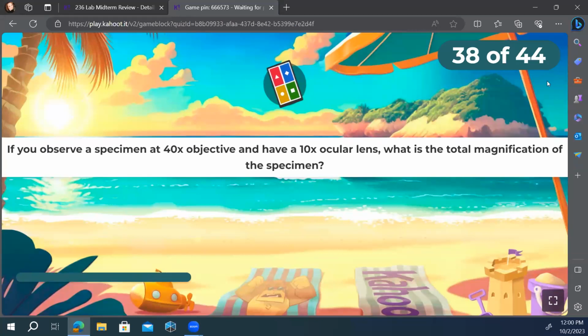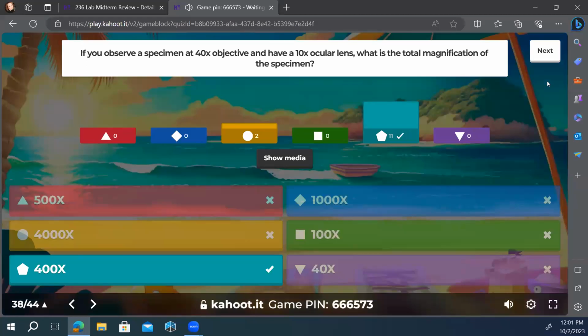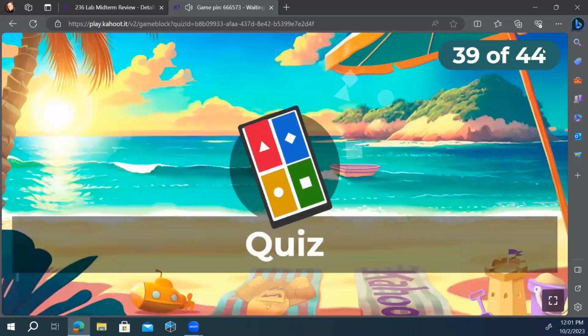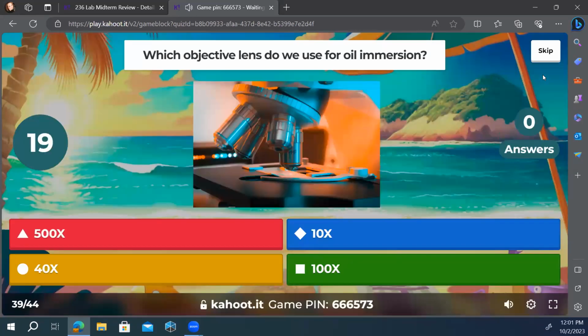If you observe a specimen at 40x objective and have a 10x ocular lens, what is the total magnification of the specimen? So this is going to be 400. You just multiply, for those that don't know. Which objective lens do we use for oil immersion?